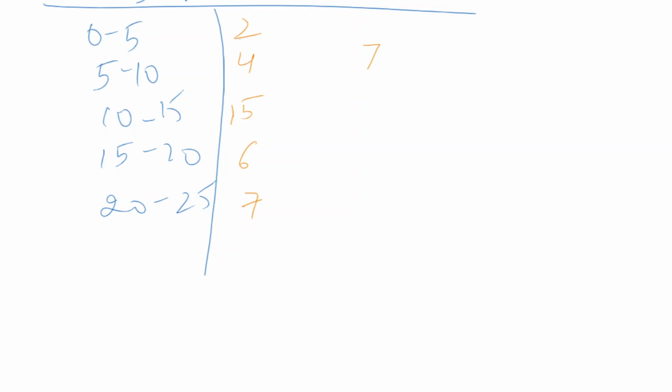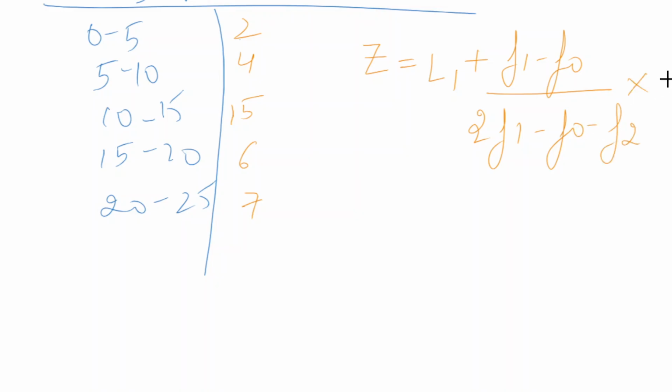Now the formula for a continuous series, just remember it carefully, is the lower limit plus (f1 minus f0) divided by (2f1 minus f0 minus f2) into i.